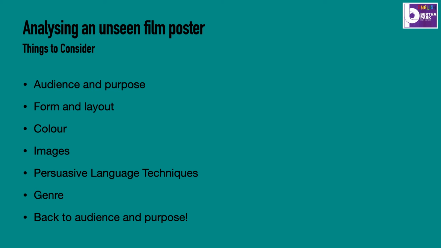I can't think of one off the top of my head clearly, but they're not always effective, and it's because of audience and purpose. So always go back to that. The other ones in there, like form and layout and colour and images, are how they achieve audience and purpose. But when you're thinking about if it's effective or not, did it actually achieve what it set out to achieve, and did it hit its target audience?